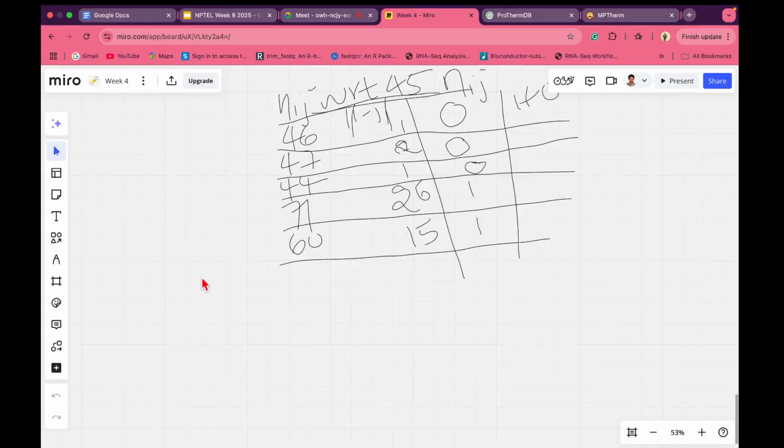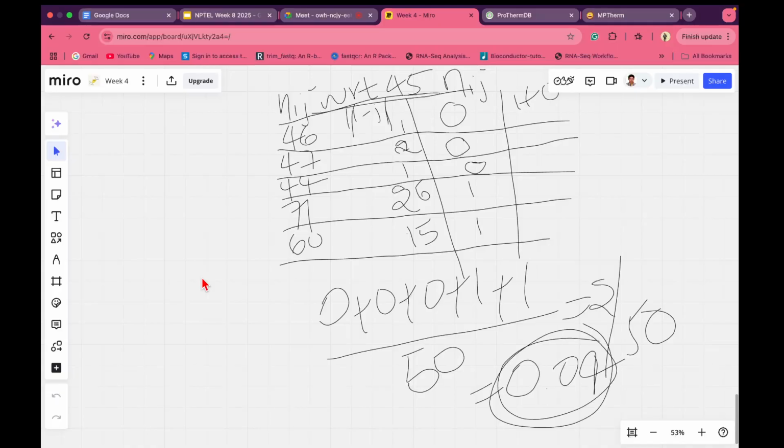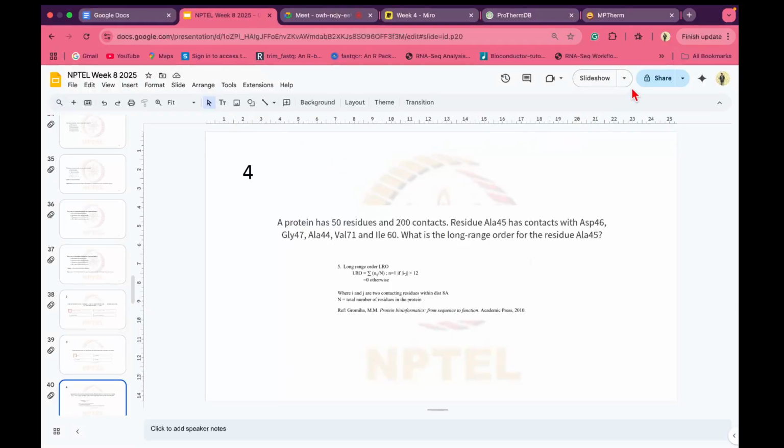So according to the formula, 0 plus 0 plus 0 plus 1 plus 1 divided by 50, that is 2 divided by 50, is the long range order for the residue alanine 45.